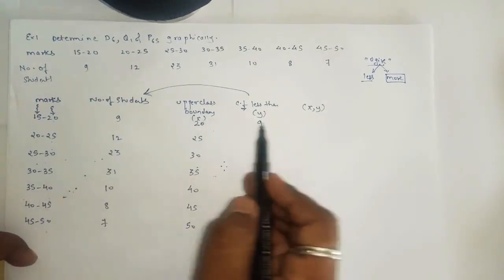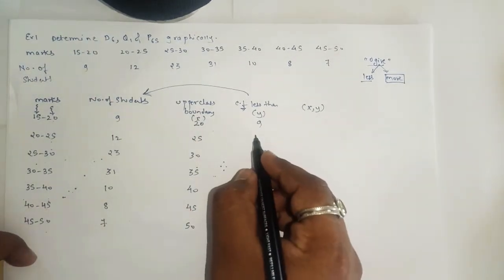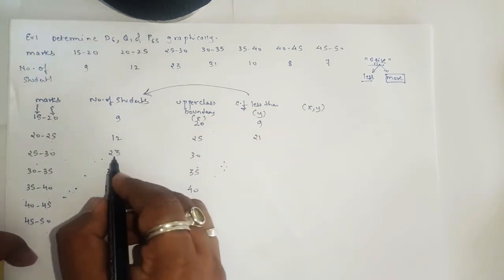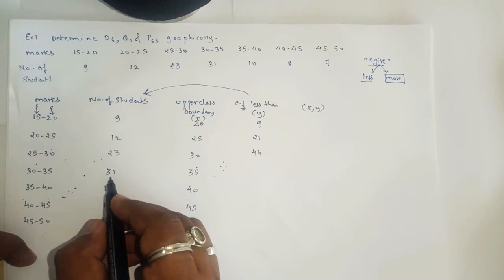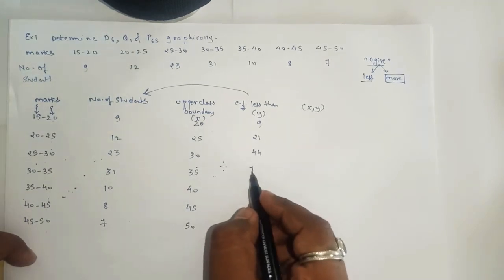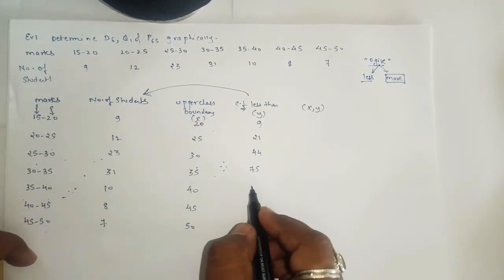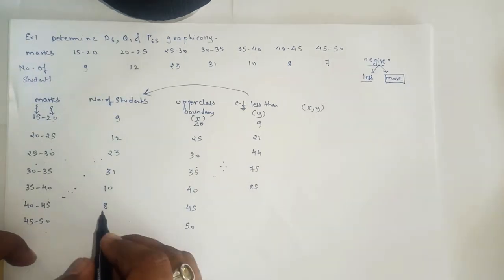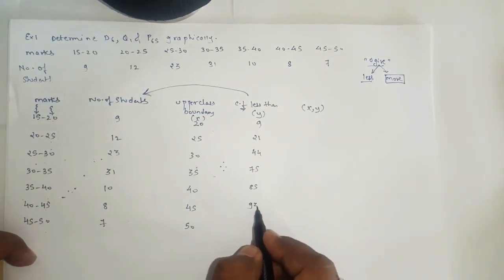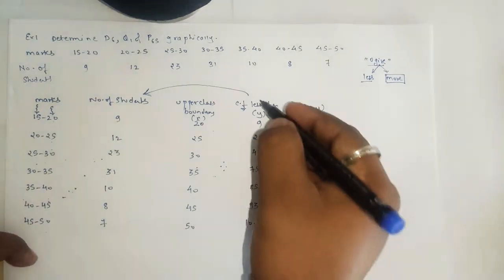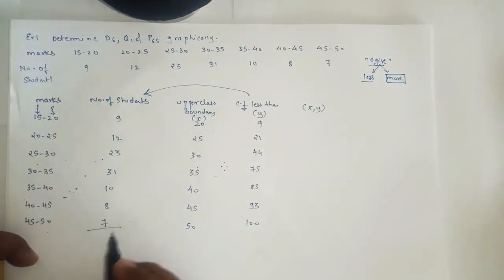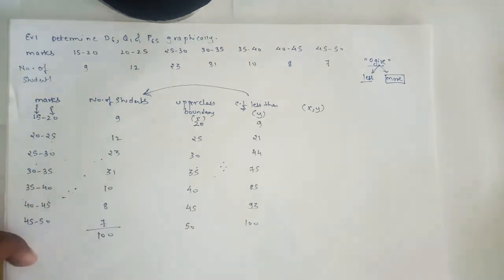So first you will write 9, then 9 plus 12, 21, 21 plus 23, 44, 44 plus 31, 75, 75 plus 10, 85, 85 plus 8, 93, 93 plus 7, that is 100. So if this is 100, we know that the total frequency will of course be 100 only. Yes or no?